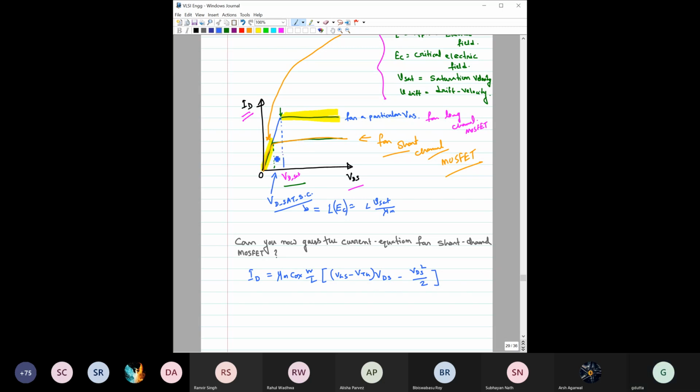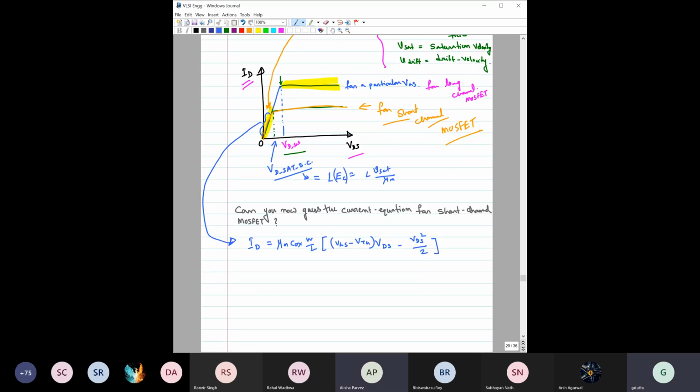Because till this point the equation is valid, isn't it? Yes, sir. Now, can you comment what is going to happen for this region? Just replace VDS by VDS sat.